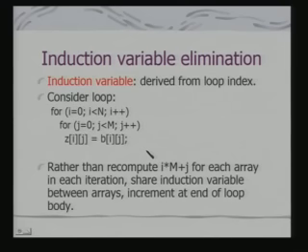Then there is what we call induction variable elimination. An induction variable is typically derived from the loop index. Here you see that there are two-dimensional arrays z and b, and I am doing an assignment using the same index pattern i, j.